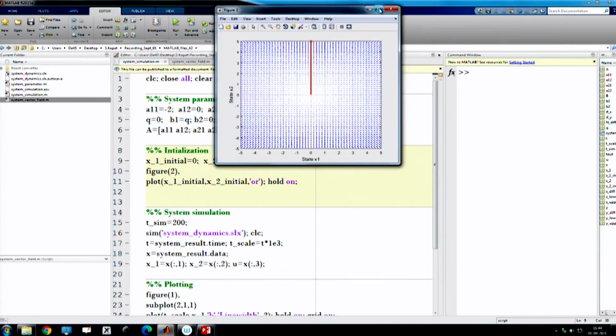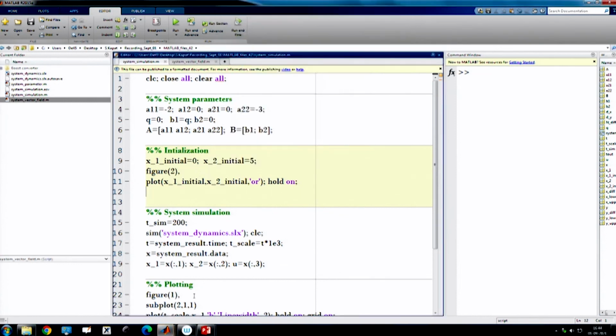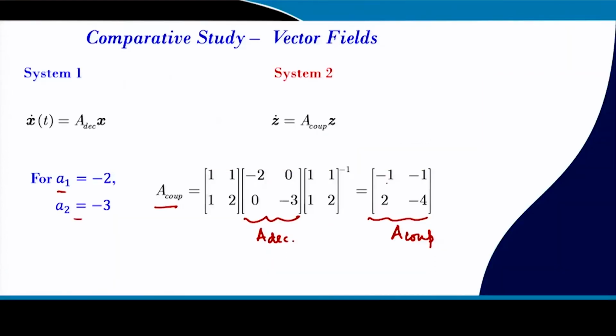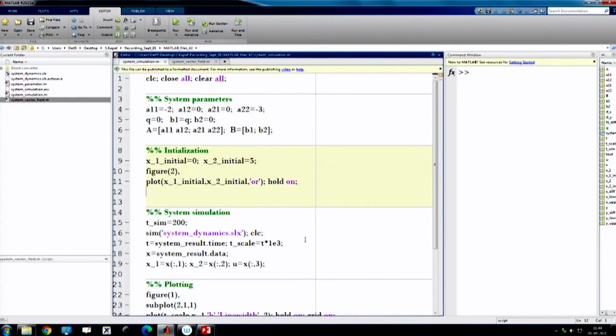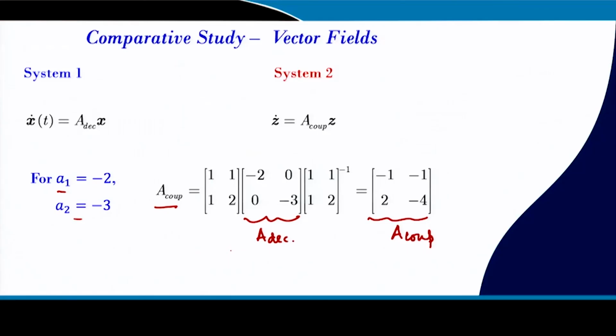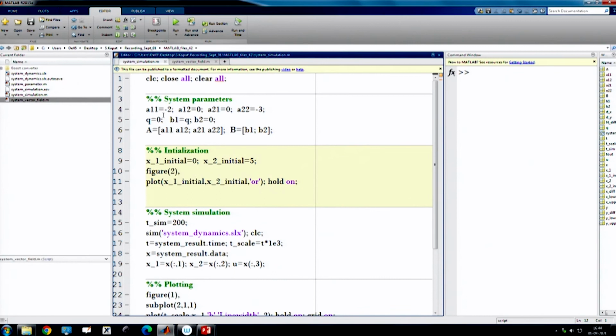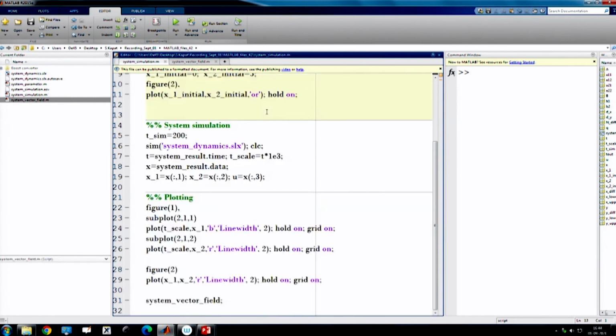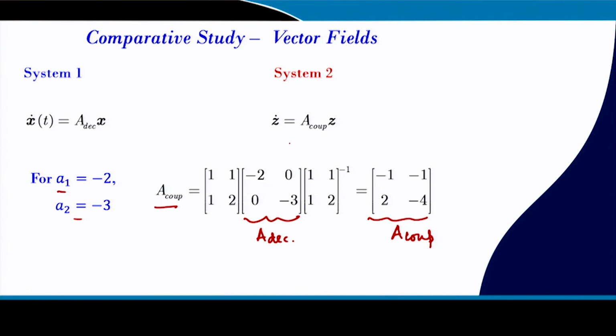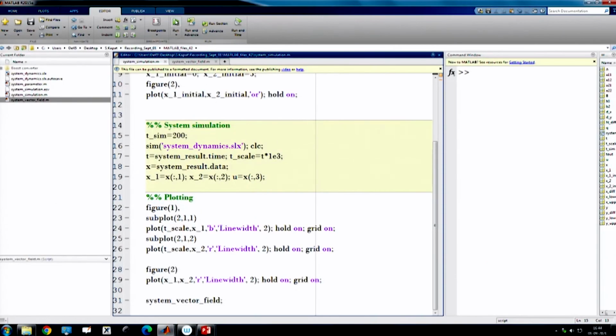Now, what will happen if we consider -1, -1, 2, -4? -2, -3 we have already considered. Let me cross check: -1, -1, 2, -4, okay, fine. Now, we want to run it and see.